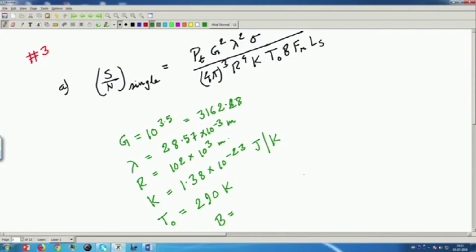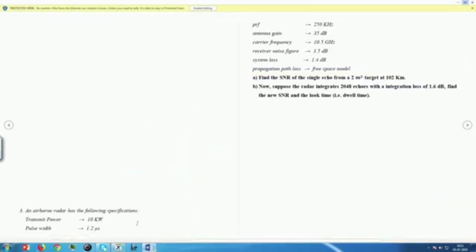You see, in the given specifications, nowhere is the receiver bandwidth said, but pulse width has been said.